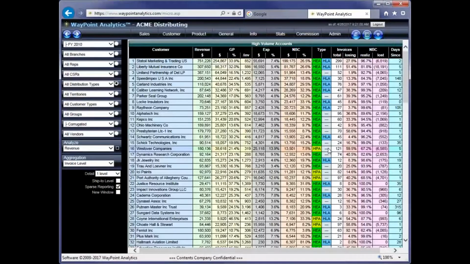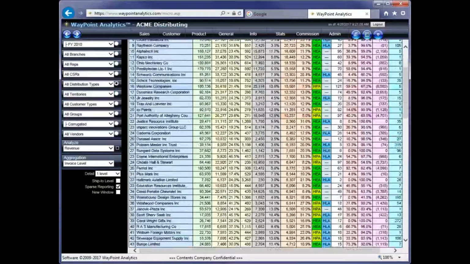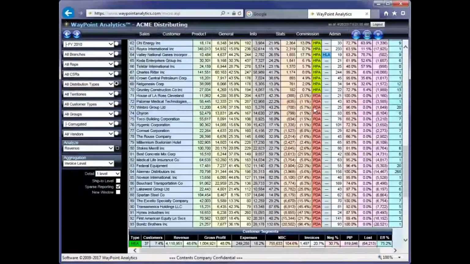And so those are the accounts that you want to target for growth, and that's why this is very, very important. The high potential accounts are accounts that you're working with and their expense rates are too high. If they were lower, then they could move into the high efficiency group, and then this is where you negotiate the nature of the relationship with them.